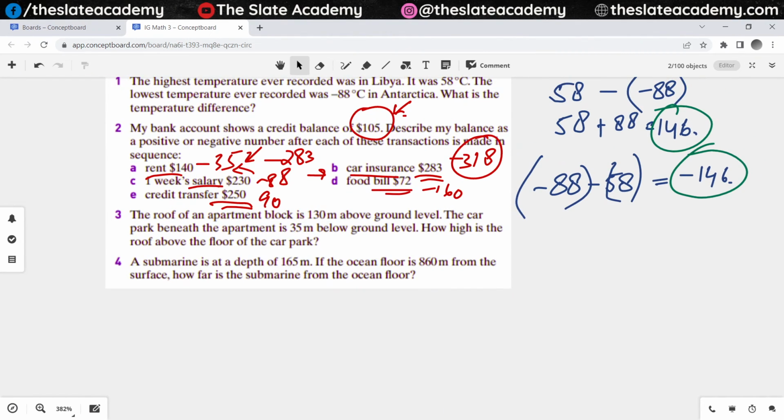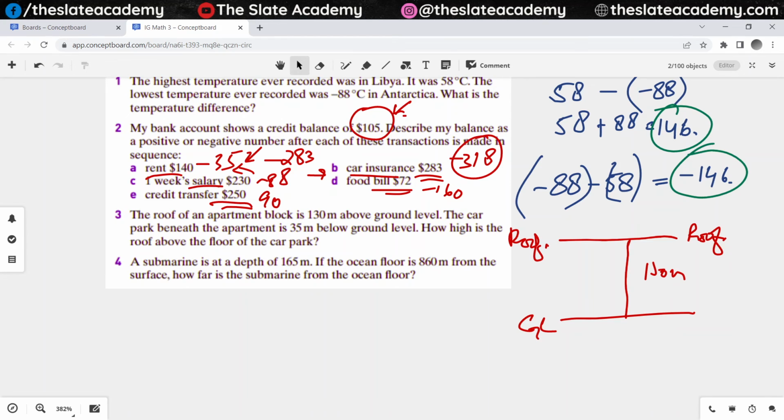It says that the roof of an apartment block is 130 meters above the ground level. So if I draw a line and say this is the ground level, 130 meters above it there is a roof. And then it says the car parked beneath the apartment is 35 meters below the ground level.